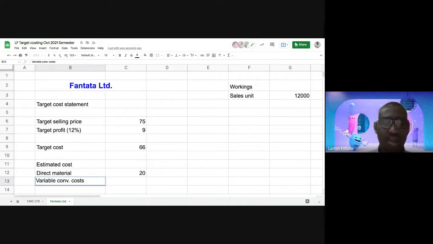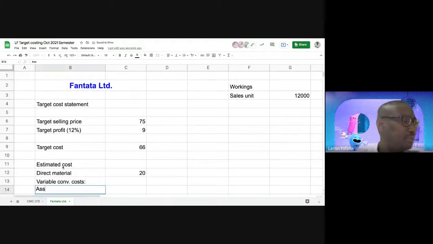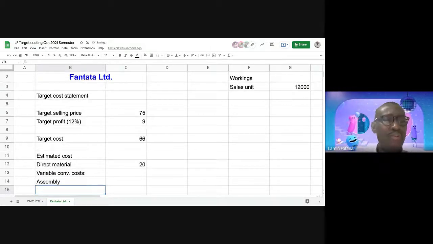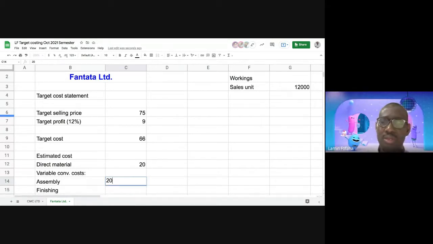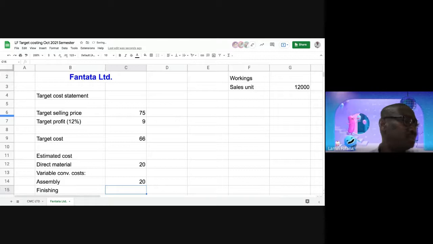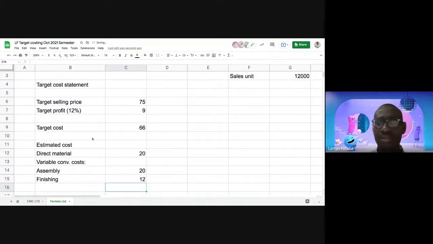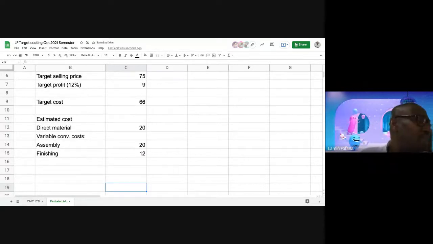Our variable conversion costs are two: one for assembly and one for finishing. What's the one for assembly? 20 pounds. For finishing? 12 pounds. Excellent. Do we have any other variable costs?